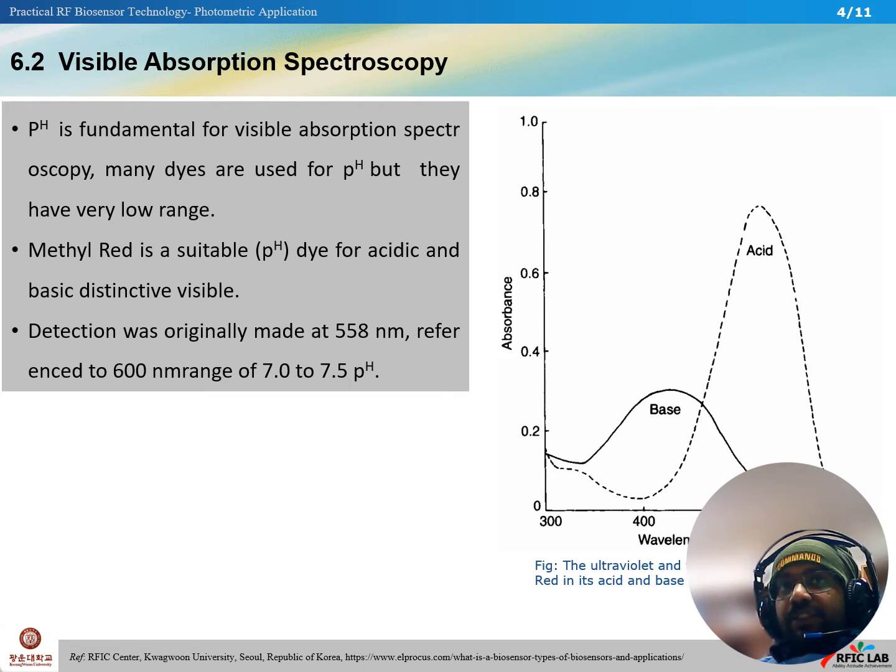Here methyl red is a suitable pH dye for distinguishing acidic and basic. The detections are originally made at 558 nanometers, with reference to the 600 nanometer range, between pH 7 and 7.5. In our right side figure, you can see the visual distinction between the base and the acid.